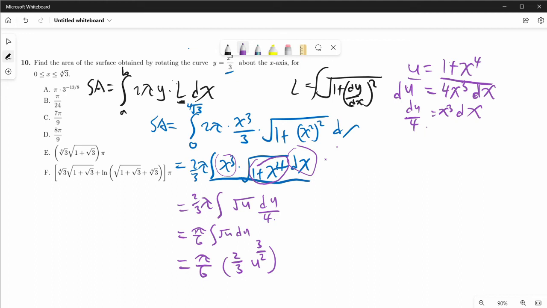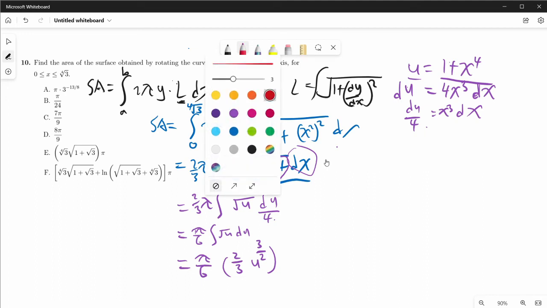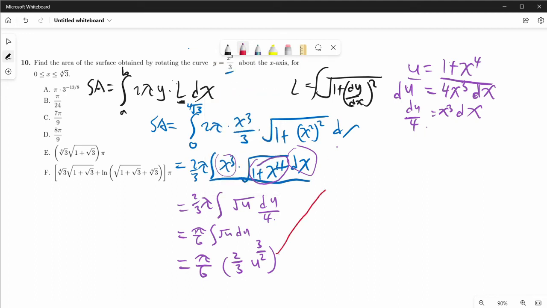And we don't need plus c because it is a bounded integration. So cancel out the constants, and I'll plug x back in for u. So here, that would be pi over 9.